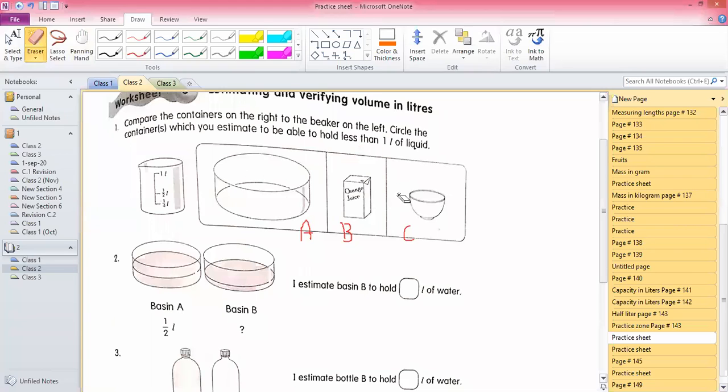Among A, B, and C, which container can hold less than 1 liter of liquid? Yes, guys. Tell me your answers in the chat box, please. Which container can hold less than 1 liter? A, B, or C? Tell me your answers, please.